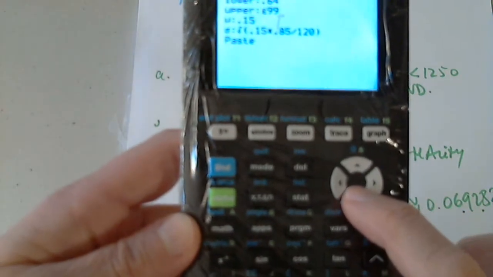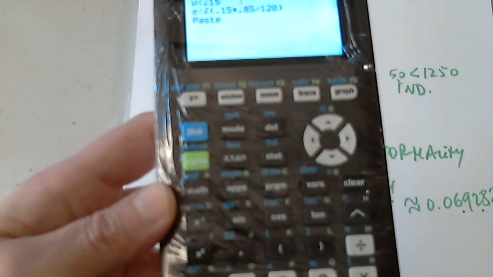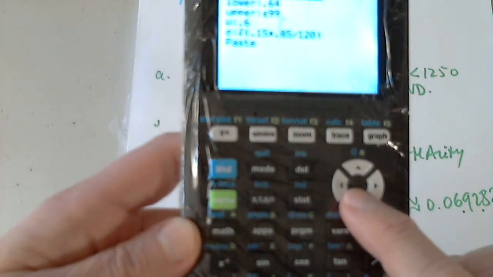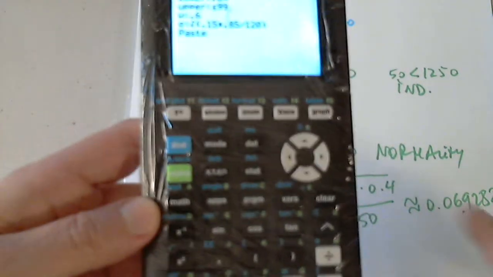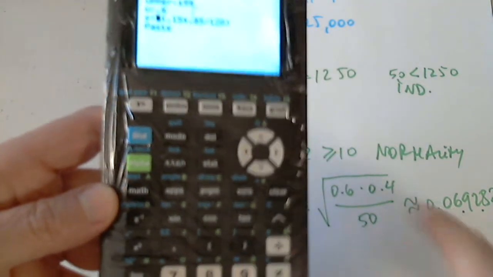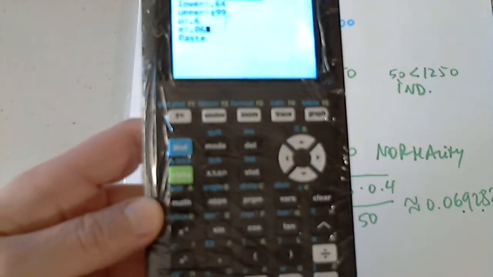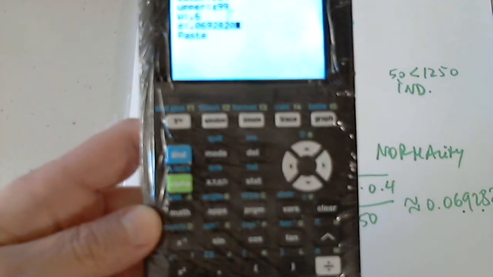Okay, the operator is correct. Mu is 0.6. And sigma, I have to enter it the way I have it here, or like this, to be exact. It's up to you. Since we have enough decimal digits, I'm going to use that. 0.069282.